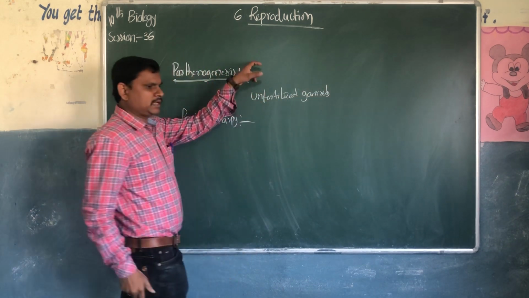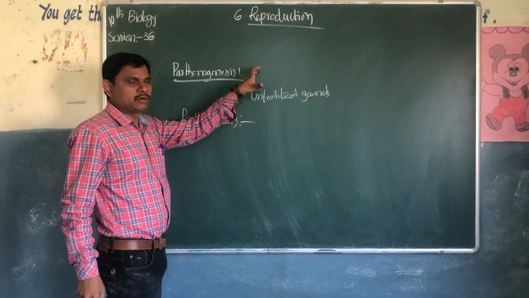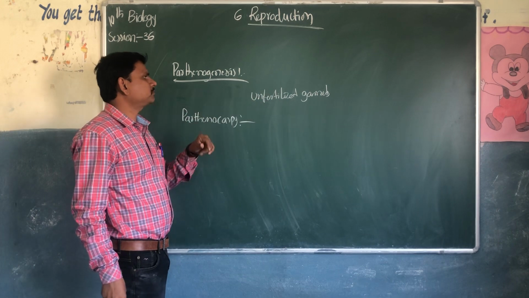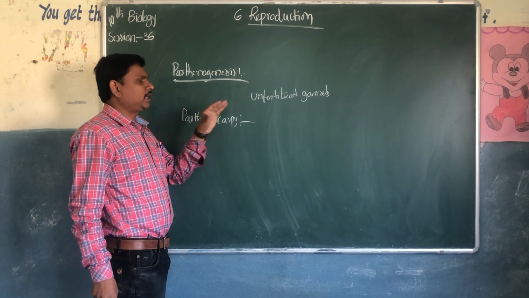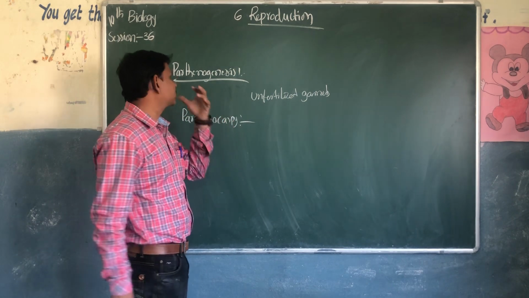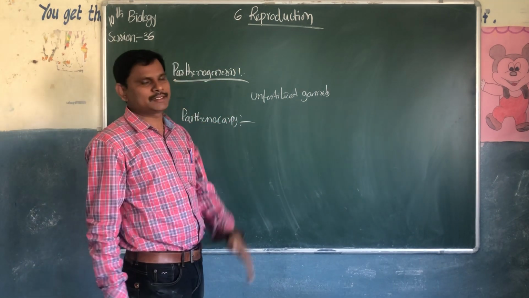If the young one is developed from unfertilized gametes, it is called parthenogenesis.